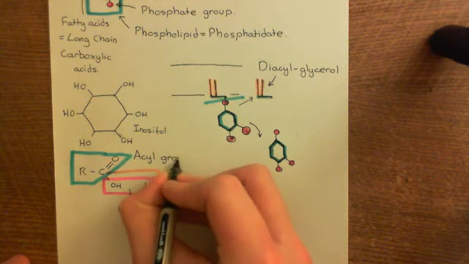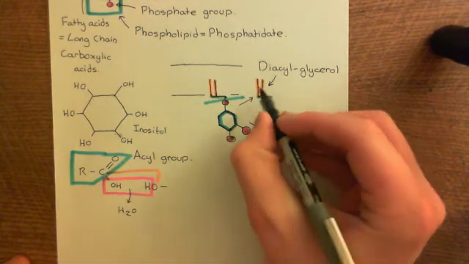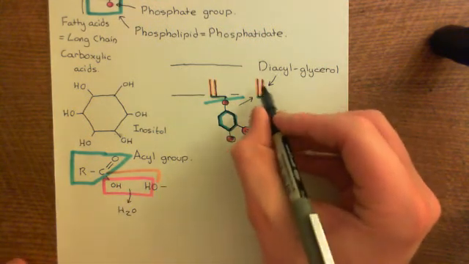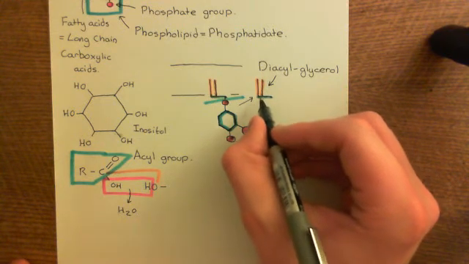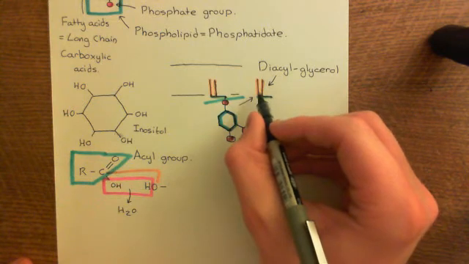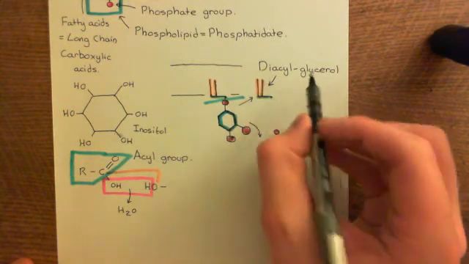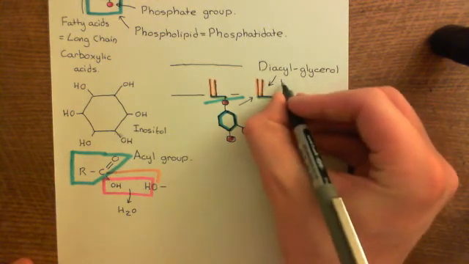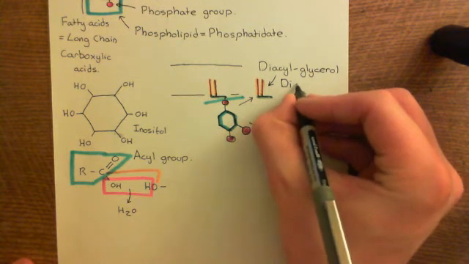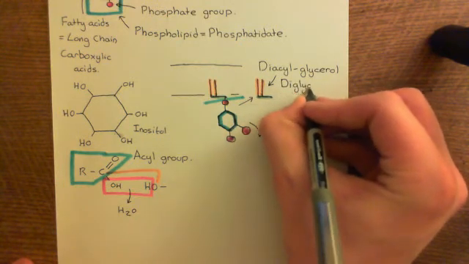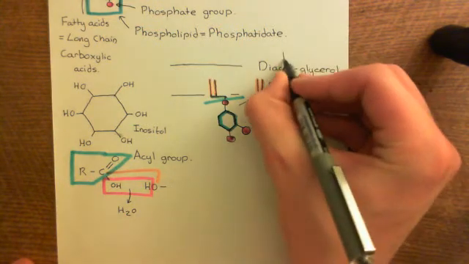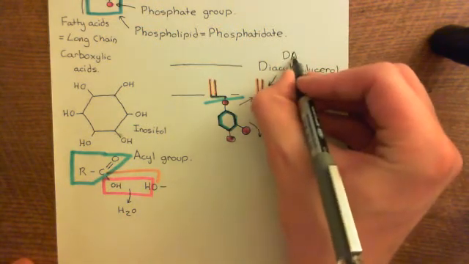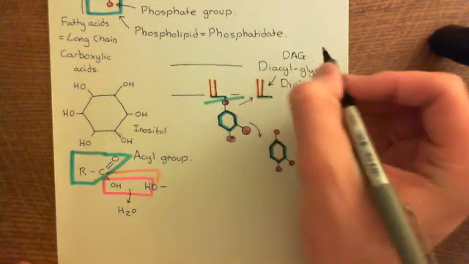That is what you're actually adding on to the glycerol when you esterify these fatty acids onto the first and second alcohol groups. You're adding on acyl groups. That's why it's called a diacylglycerol. Another name for diacylglycerol is a diglyceride molecule. It's also often abbreviated to DAG for diacylglycerol.